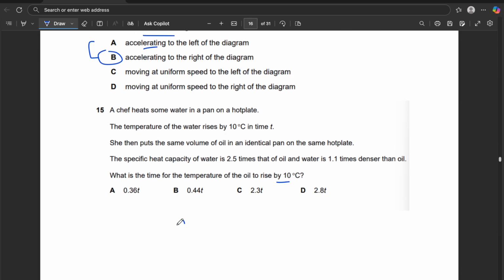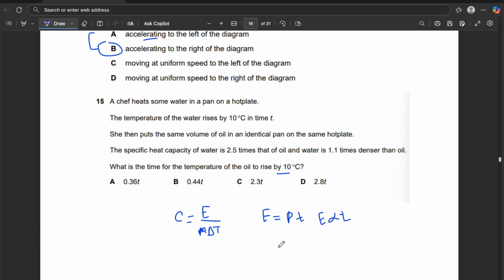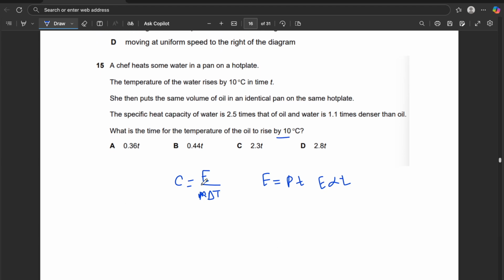So specific heat capacity. Before we know anything, we look at the related equations, right? C is equal to E by m delta T. So this T is temperature, and we know we need the time t. Time t would be gotten by E is equal to Pt, and we know that E will be directly proportional to t.